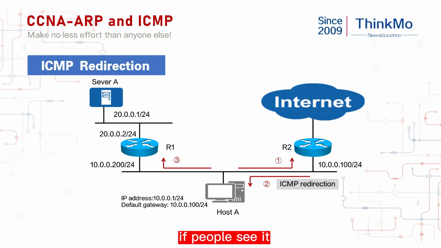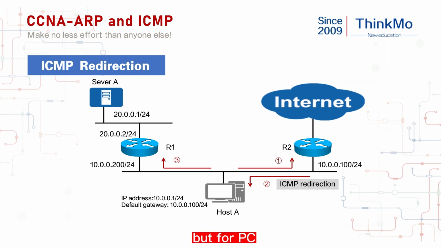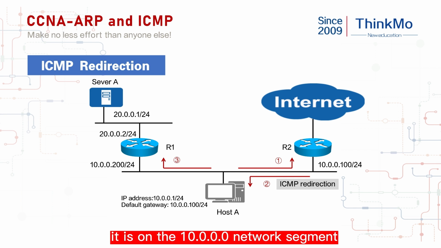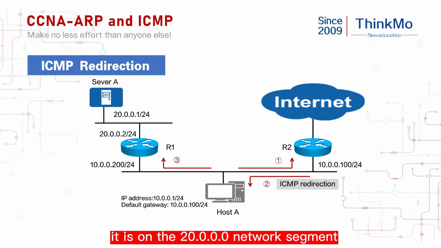If people see it, the data should be transmitted like this, because the device is on the left. But for the PC, it is on the 10.0.0.0 network segment. The server is on the 20.0.0.0 network segment. If you access it across network segments, the host cannot directly find the server.